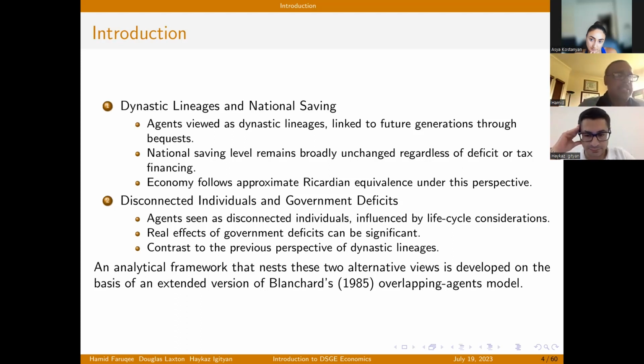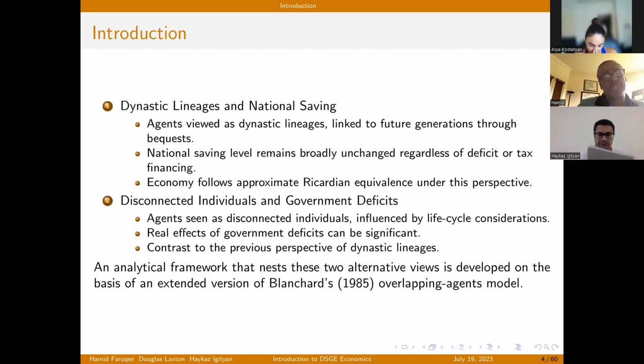We're going to contrast that with a very different view of agents, where agents are seen as individuals, looking at it more as a life cycle model in the spirit of Modigliani. In that case, agents aren't family lines, but individuals that are disconnected from each other. What we'll show is that, in contrast to the dynastic version, the real effects of government debt can be quite large when you bring in those life cycle features.